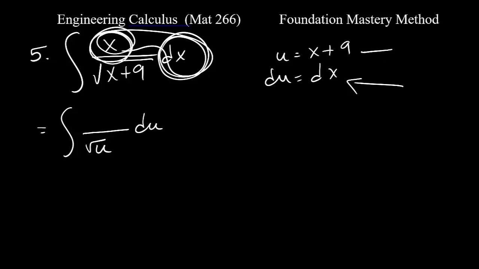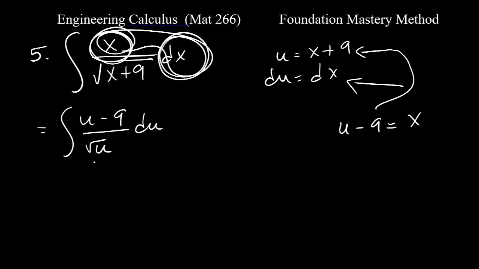Well, if we look up here, we see that we can express x in terms of u by subtracting 9 from both sides of the equation, giving us u minus 9 equals x. So this will be (u minus 9) over the square root of u du.